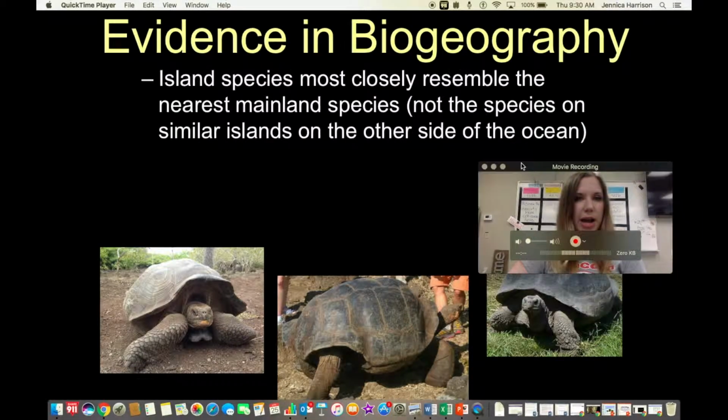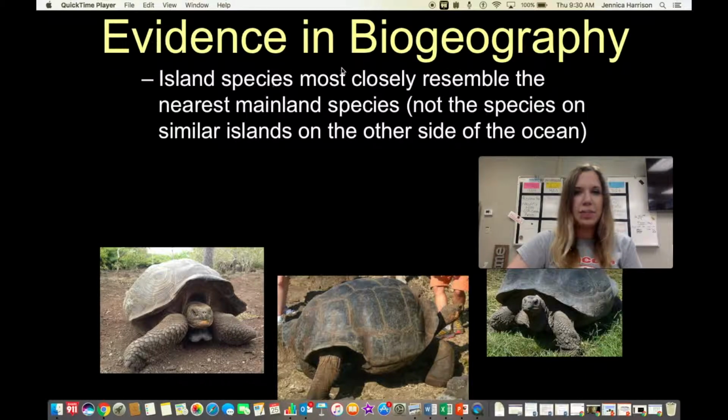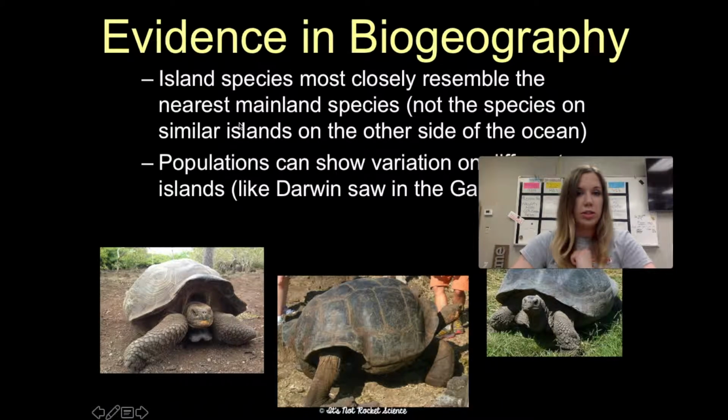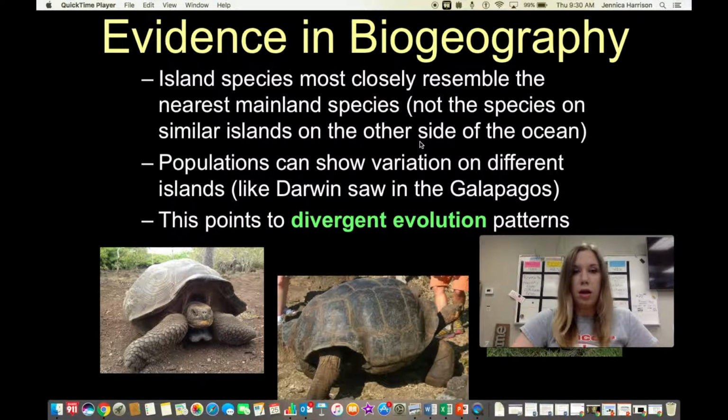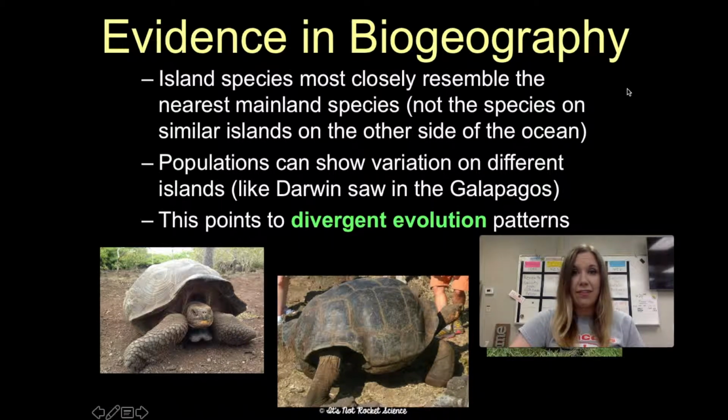So, evidence of biogeography. We can see that island species most closely resemble the nearest mainland species, not the species on similar islands on the other side of the ocean. When organisms are separated into different areas of the world, this points to divergent evolutionary patterns.